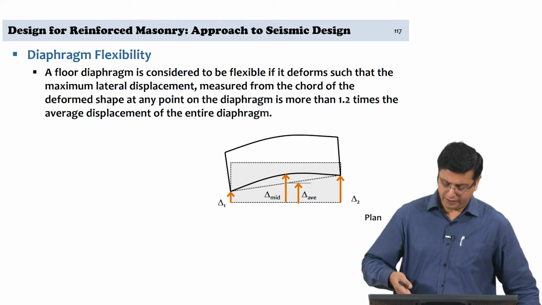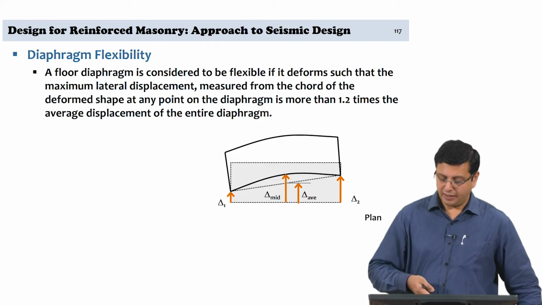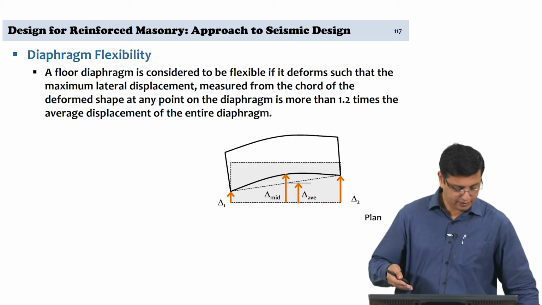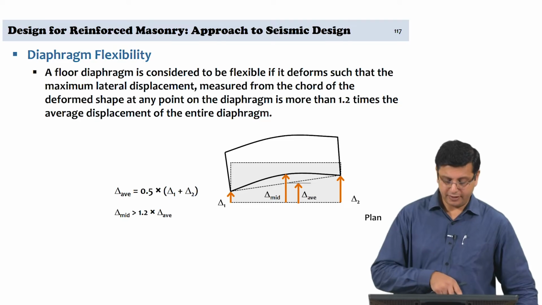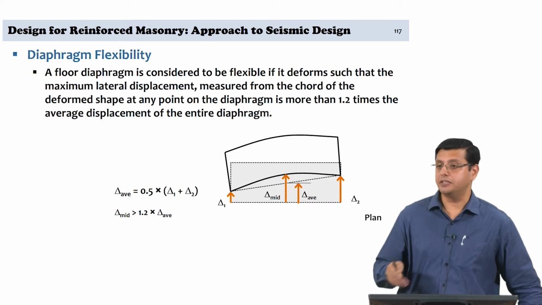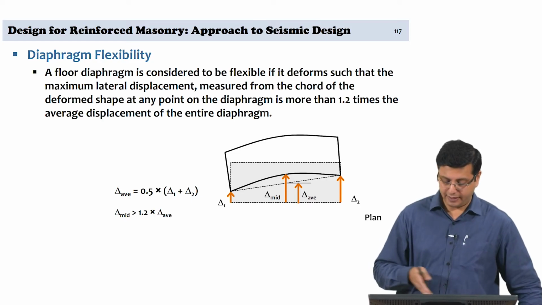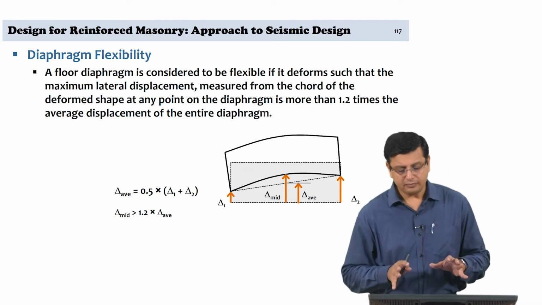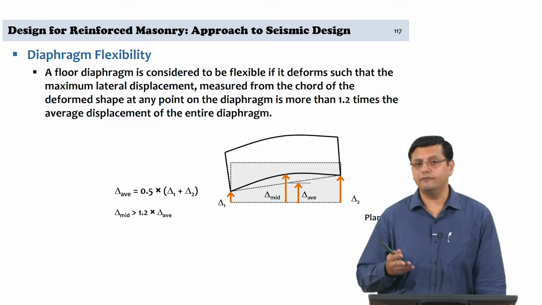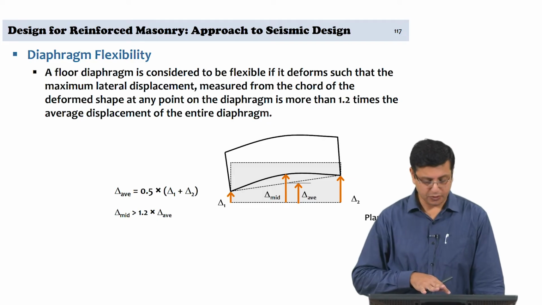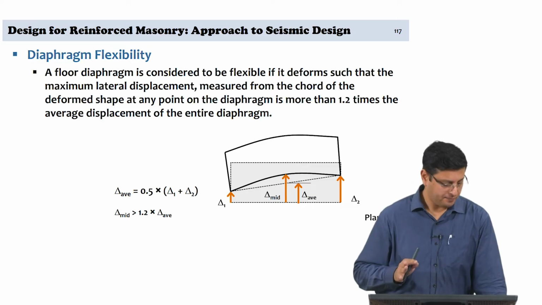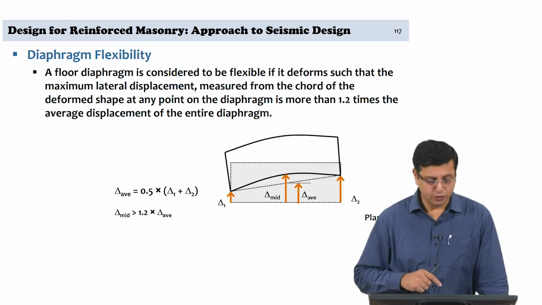So, here particularly we have taken delta midspan, and if you take delta average, which is nothing but (delta 1 plus delta 2) by 2, then you would make a check whether delta midspan or any other point on the chord is greater than 1.2 times the average displacement, and the average displacement in this case is (delta 1 plus delta 2) by 2. So, this is the check that one would make, and typically when we are looking at reinforced concrete slabs, it would satisfy this sort of a situation, but it also depends on the stiffnesses of the walls. So, to be more rigorous, it is useful to make this check.